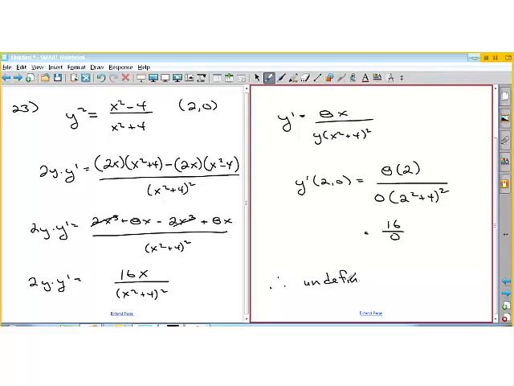So you probably have a vertical tangent line. And what did they say in the book? They just say it's undefined.